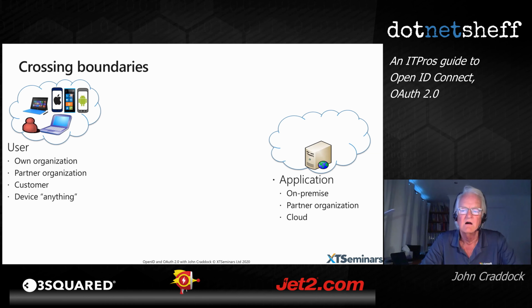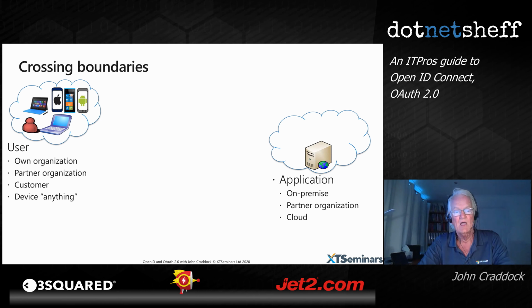And then we have our users, who are accessing the application. Traditionally it was users from our organization accessing our resource servers. Now what we want is people from our org to access things, people from partner orgs, customers accessing it, and of course, the device can be anything. So we need to be able to do that.